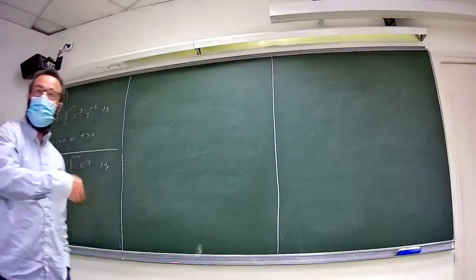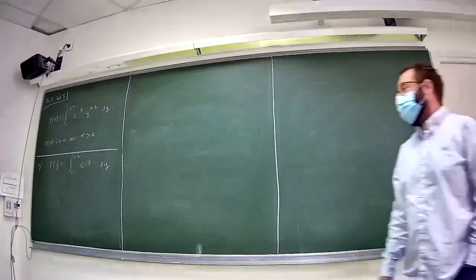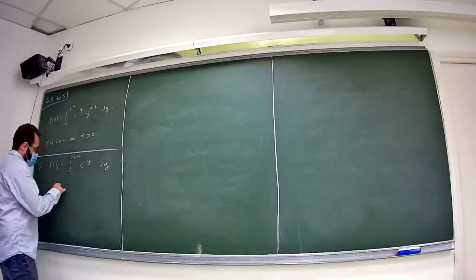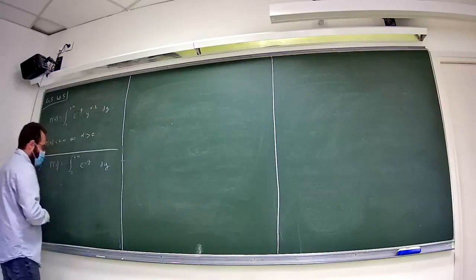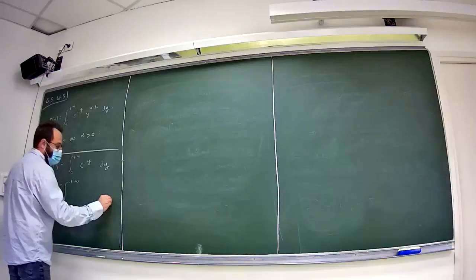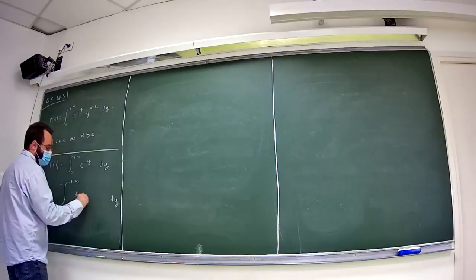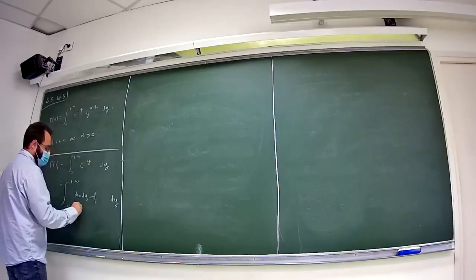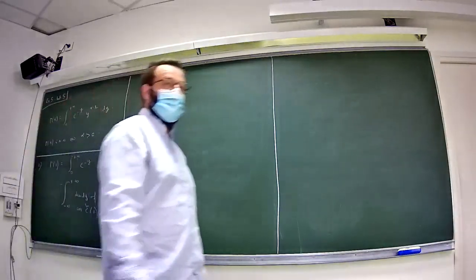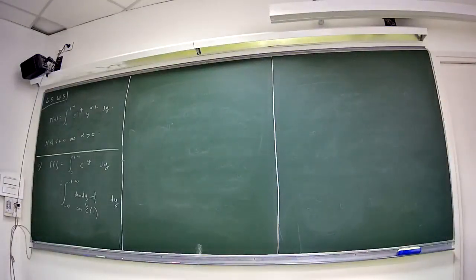And you will see that today I will use a lot of things we know from the course in order to do my computations. So I can write it this way: it's the integral between minus infinity and plus infinity of the density of an exponential of parameter 1. And I know by definition that the integral of a density function is equal to 1.